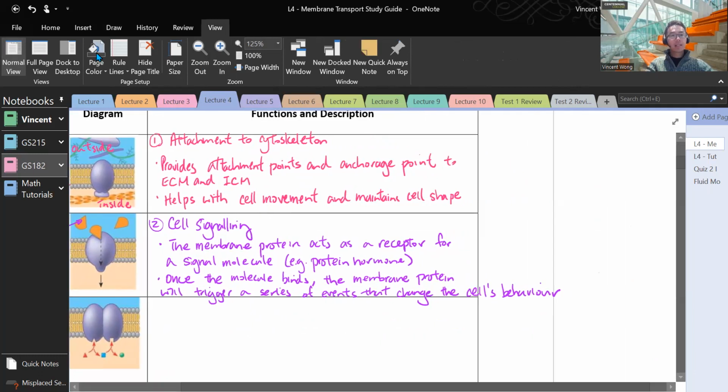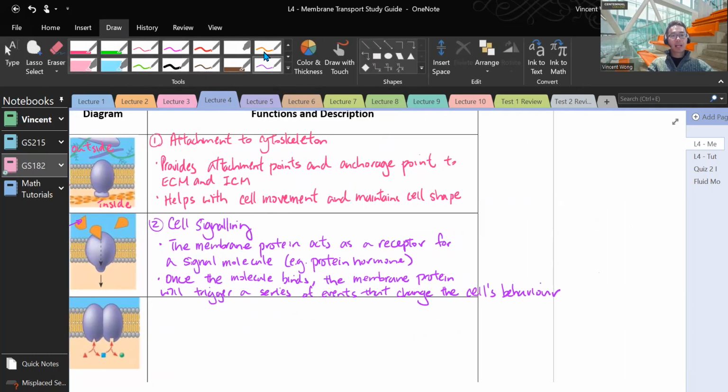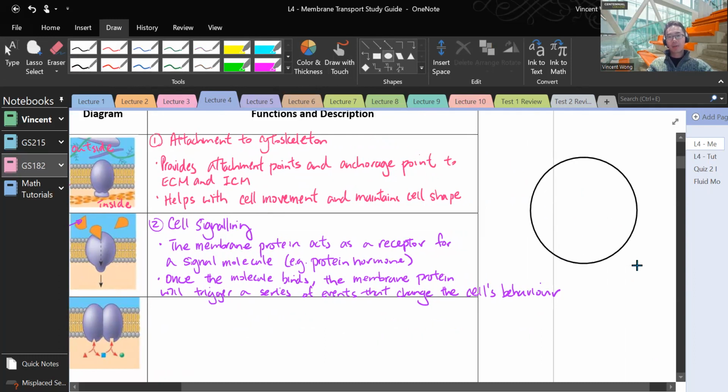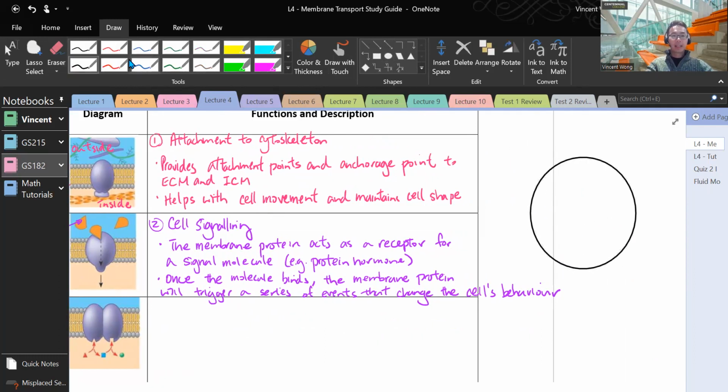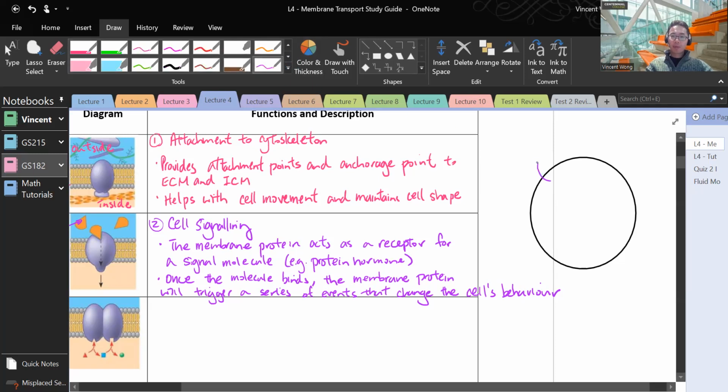Now in the notes, in the PowerPoint slides, there's a picture, I believe. It looks something like this. There is the cell, and then we have the membrane receptor right here with the protein receptor on the surface. That's the receptor. And then you would have a signal molecule that binds to it. Let's say that's like insulin or something.